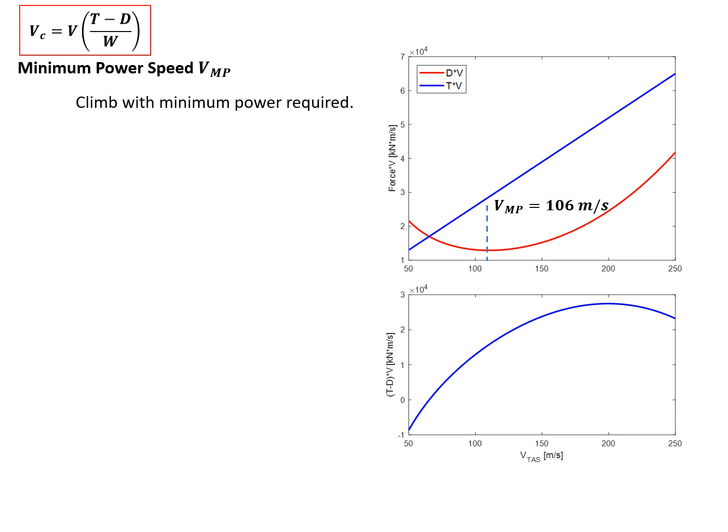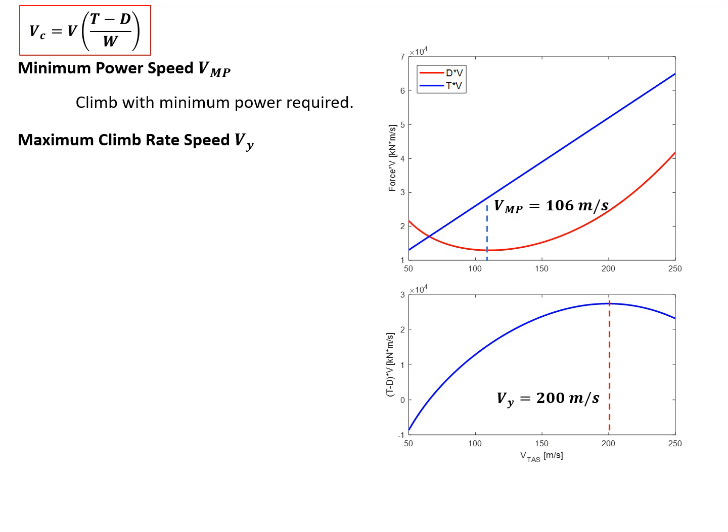We can see there is a maximum of TV minus DV, and we define this as the maximum climb rate speed Vy. It takes place at about 200 meters per second. When the aircraft is climbing at this airspeed, TV minus DV has a maximum, so VC is the maximum.